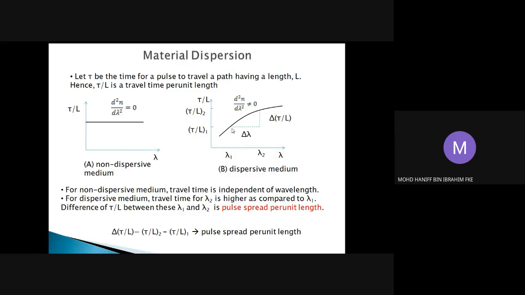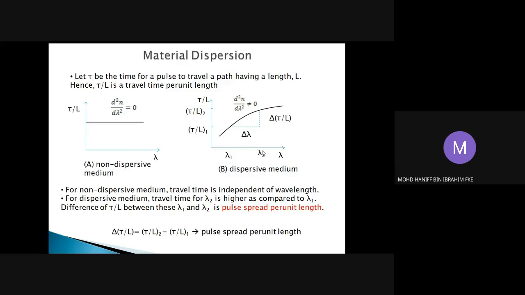As such, we have a case whereby we have two different lambdas. Let's say we have lambda 1, the time taken for the pulse to travel for a length of L will be tau over L subscript 1.